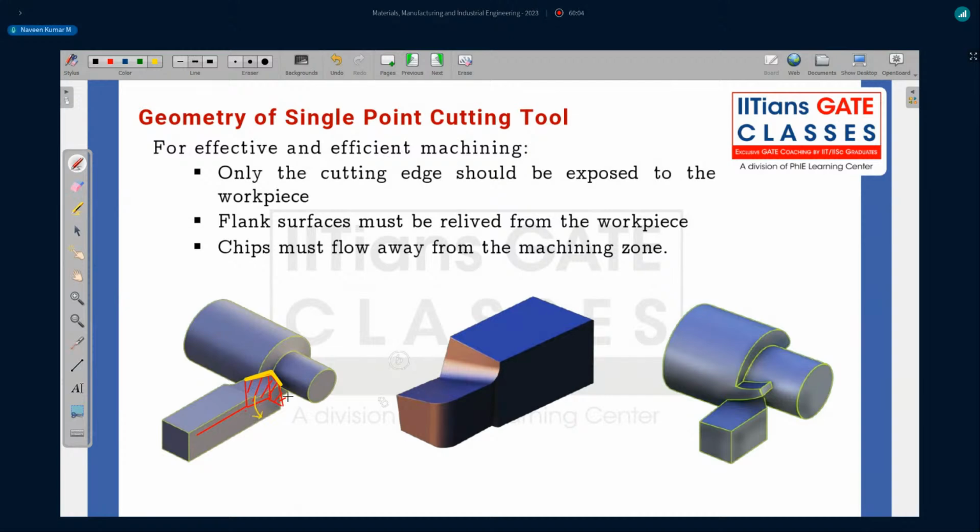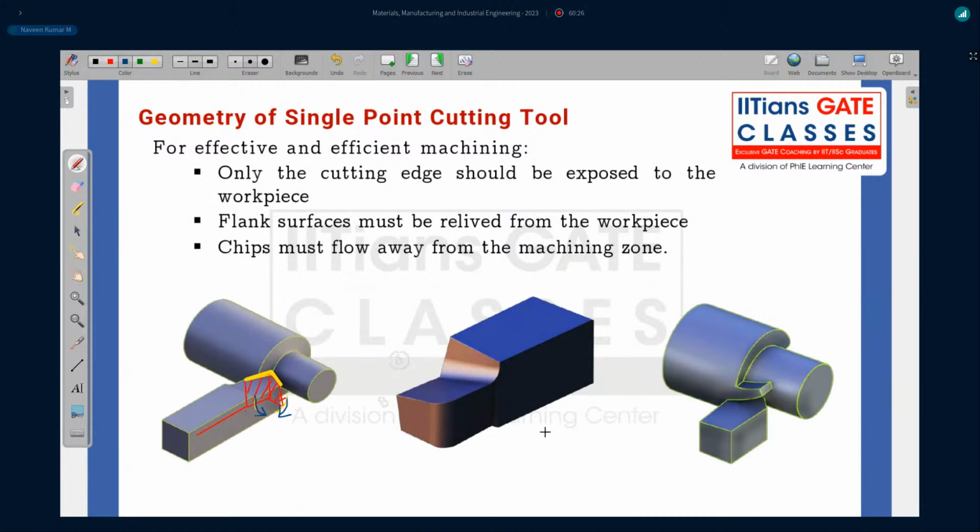It means that you can give some angle here, give some angle here for that surface. Two angles. Remember, here we are giving two angles so that only cutting edges are exposed to the workpiece.